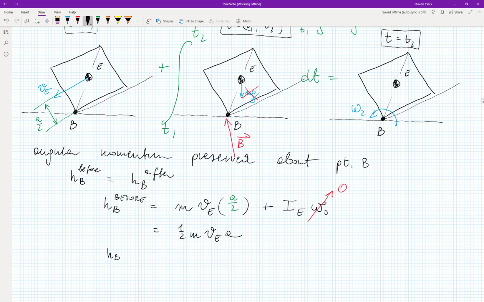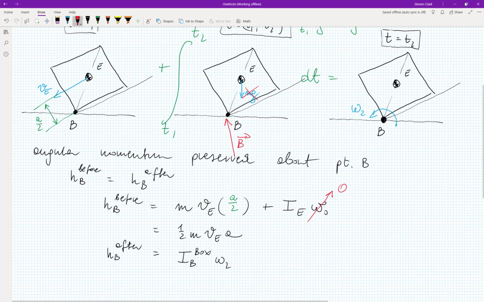Now HB after. The drawing corresponding to this equation is in the top right corner. So in here we just have a pivot about point B. So I'm going to go for the other definition of our momentum. In here I will just write IB of the box omega 2. And is this positive or negative, by the way? This is positive and the previous one was positive. Great.